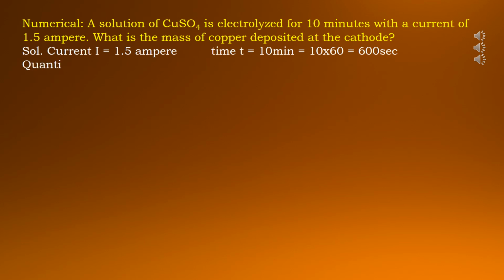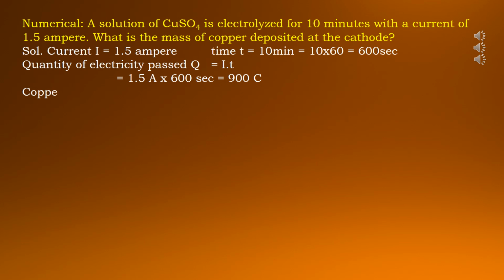The quantity of electricity passed, Q, is the product of current and time. That means 1.5 ampere into 600 seconds, which comes out to be 900 coulomb of charge. So here in this numerical, copper is deposited as Cu2+ by gaining 2 electrons changes to Cu solid.